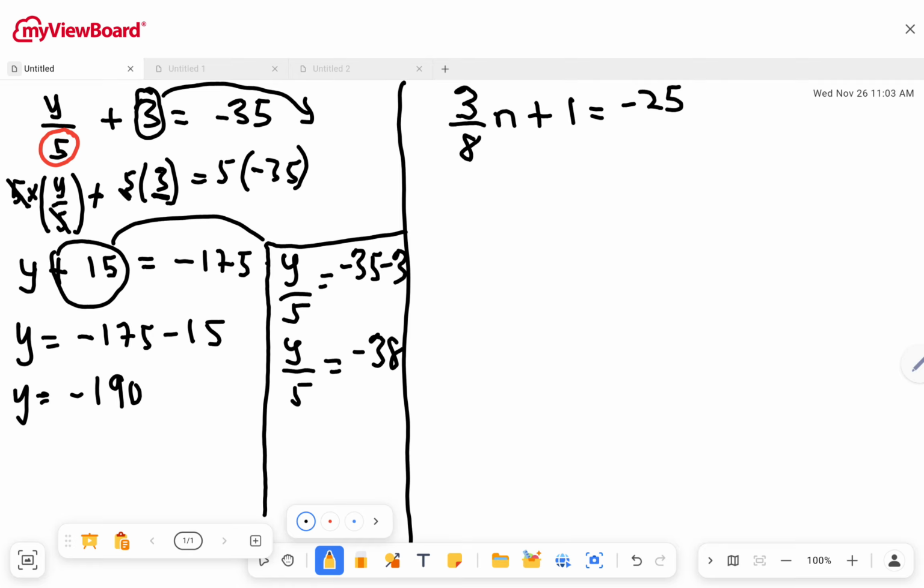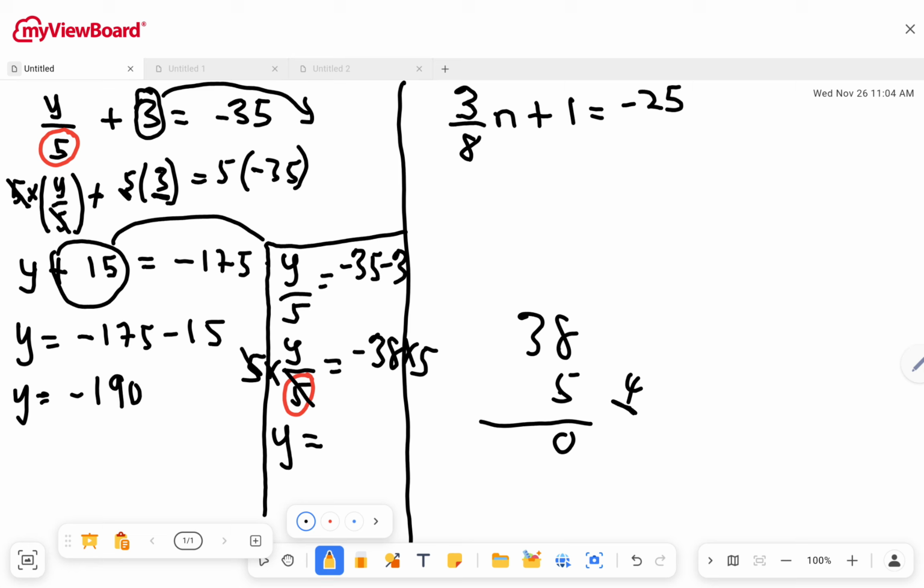Now, since this 5 here is dividing, we must multiply both sides by 5. So we can multiply here by 5, then we multiply here by 5. Now, we know this 5 is going to divide this 5, so we are going to have y equals to negative 38 times 5. Let's show the working. So 38 times 5. 5 times 8 is 40.